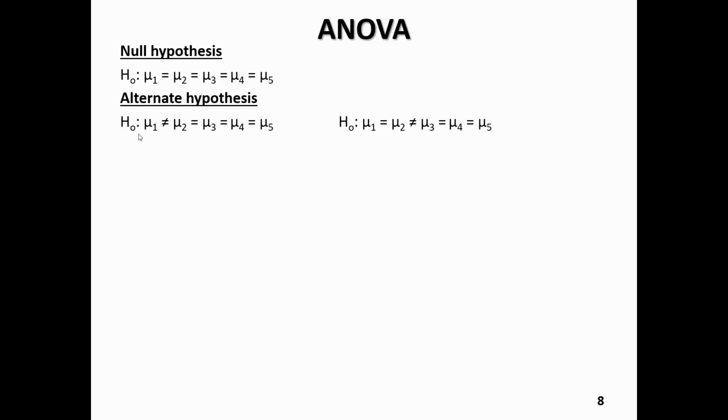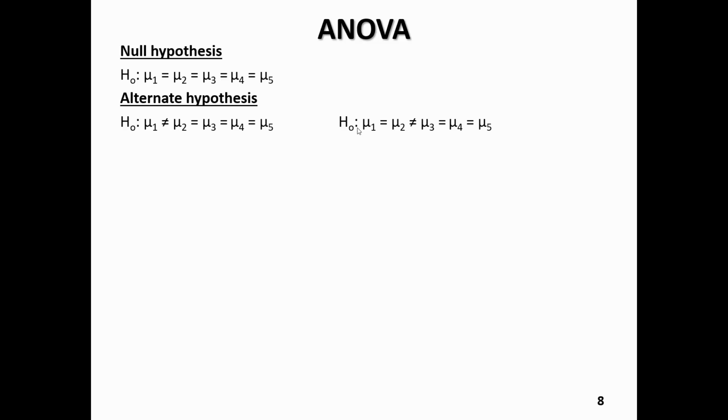If we look at the first alternative, this should actually be H1 for alternative, so this is a typo here, make sure to fix that. Here we have the first group is not equal to the second group, but the second group is equal to the third group, and the fourth group, and the fifth group. And so this alternative hypothesis is not the same as the null. So that is one possibility.